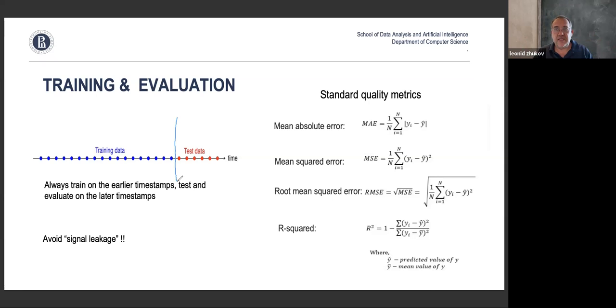Again, your testing should always follow your training data in time. That's where it's extremely important to keep the time steps from earliest to latest. But that's really the only difference. The rest of the mechanics just works the same.